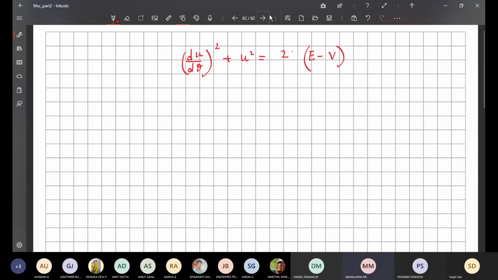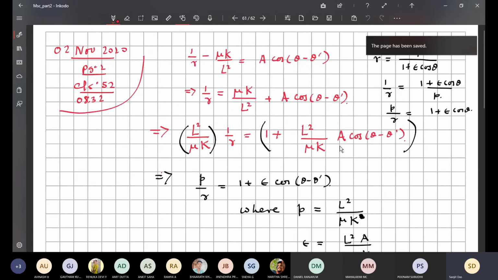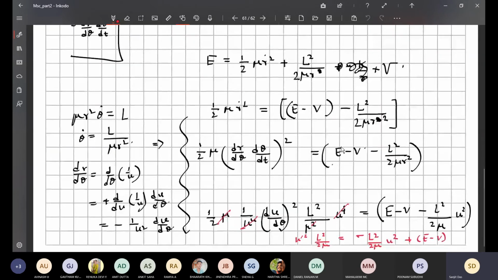I have not written it here, let me write it down. Yeah, 2 mu by L square, correct.